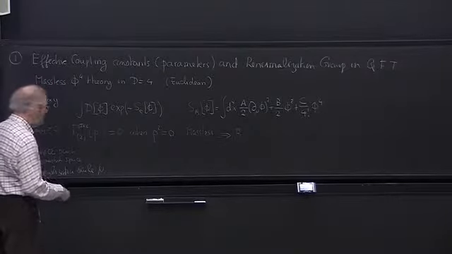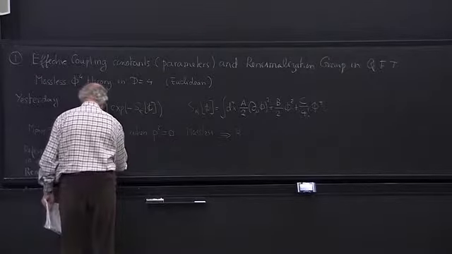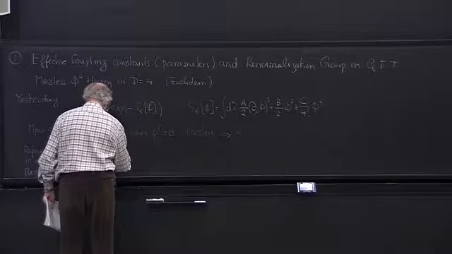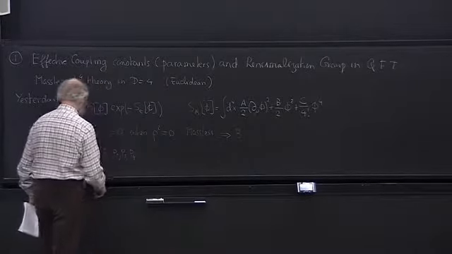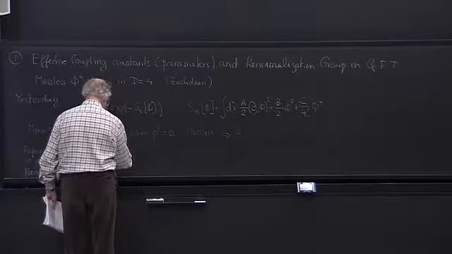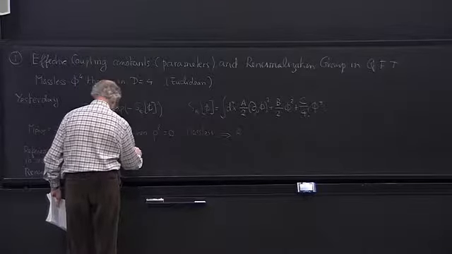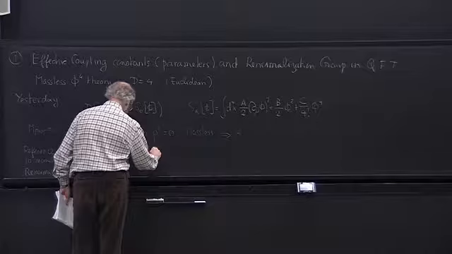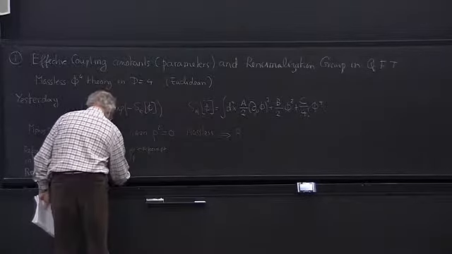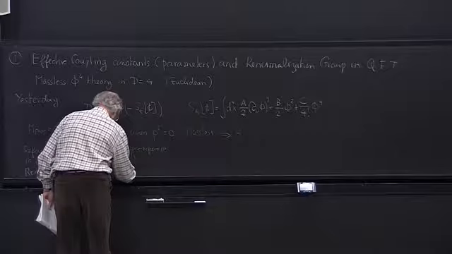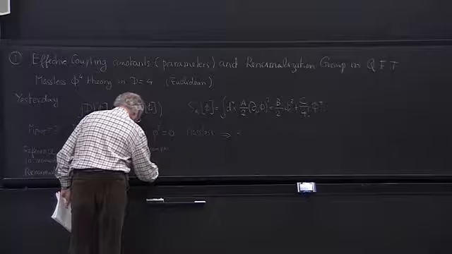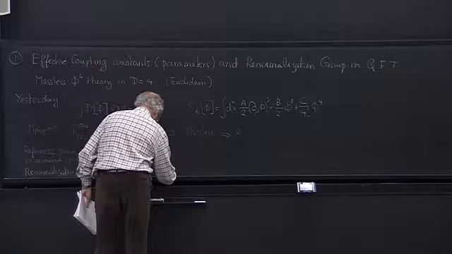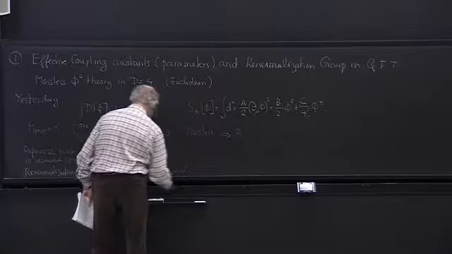In our case, we choose P1, P2, P3, and P4 such that, let me denote this reference point by 0, (P1 plus P2) at 0 squared equals (P1 plus P3) at 0 squared equals (P1 plus P4) at 0 squared equals mu squared. So this is a choice.